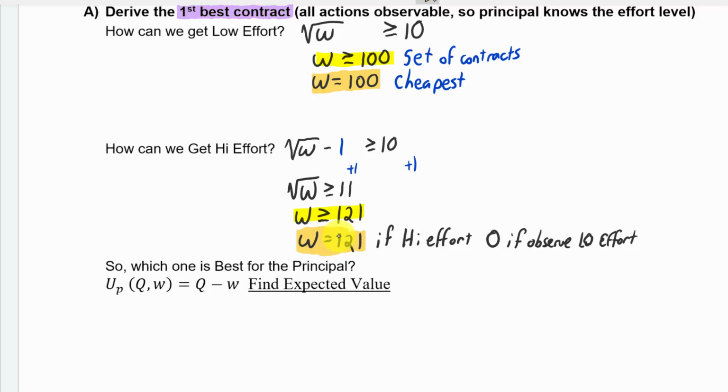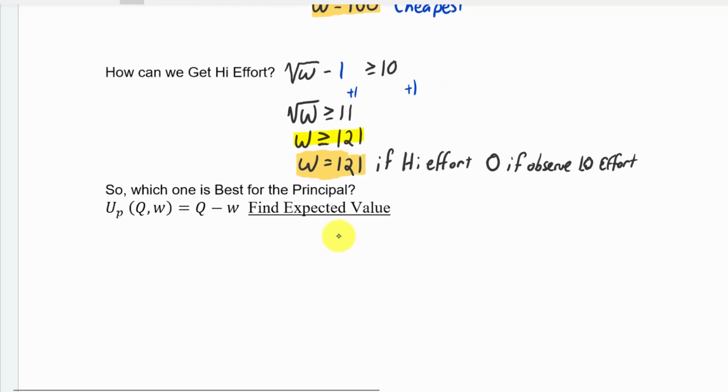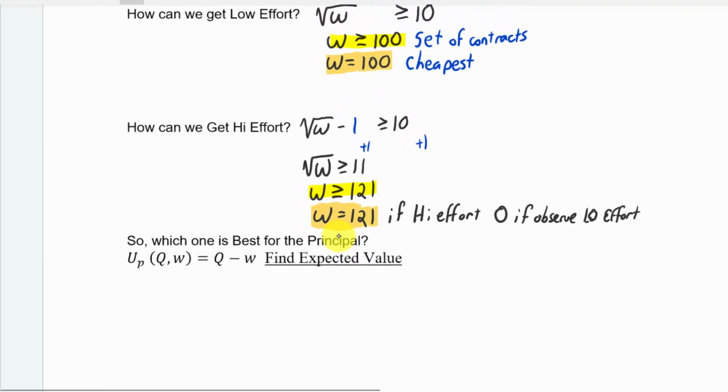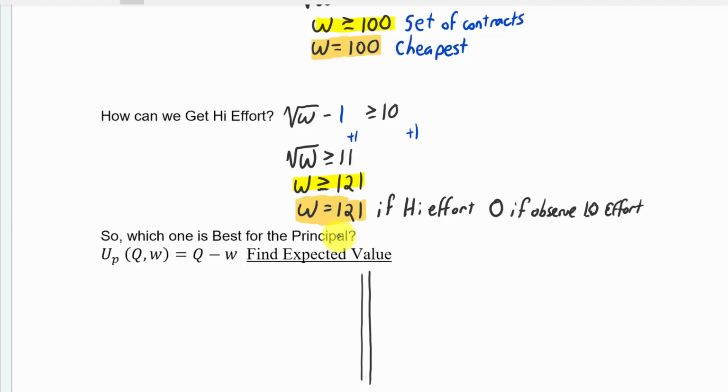High effort or low effort? So we're going to find the expected value given these 2 contracts here. So let's divide our workspace into 2 parts. And let's assume over here, suppose we hired the person wanting them to give low effort, and they did. What would happen? Over here, high effort. What would happen?